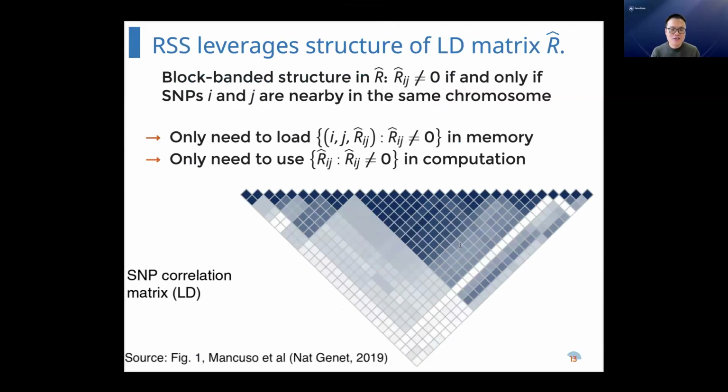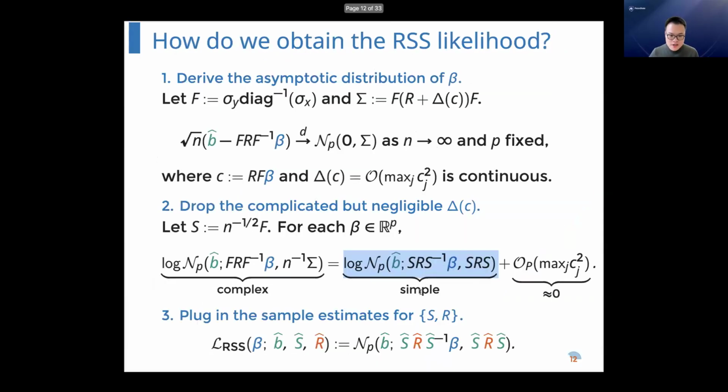Okay, so I do want to say something about this LD matrix R hat, which is essentially the correlation matrix between SNPs. So here we have this p-dimensional normal distribution to work with. In general, it's not a terrible thing to work with a normal. We love normal.